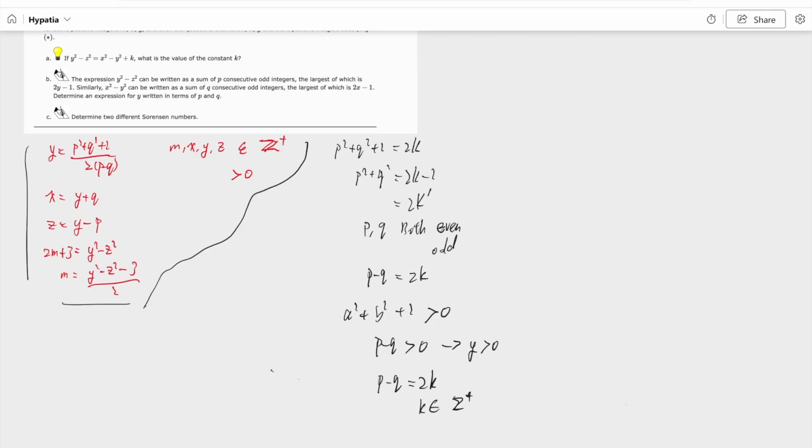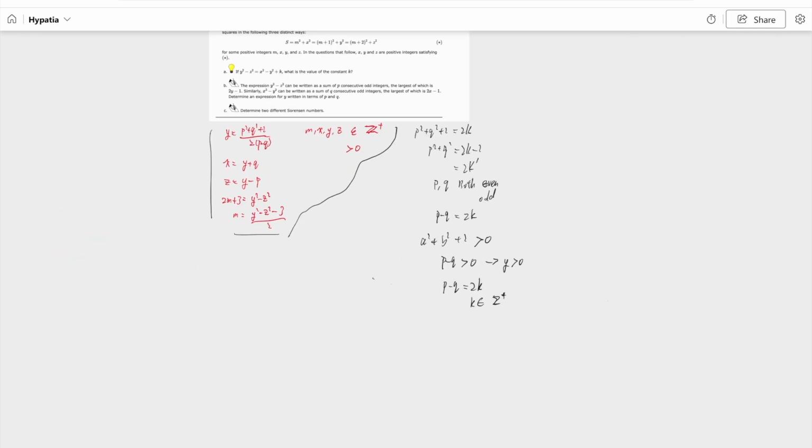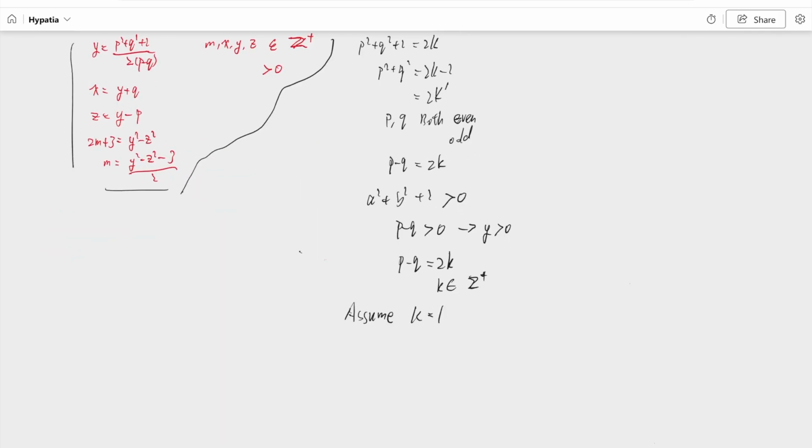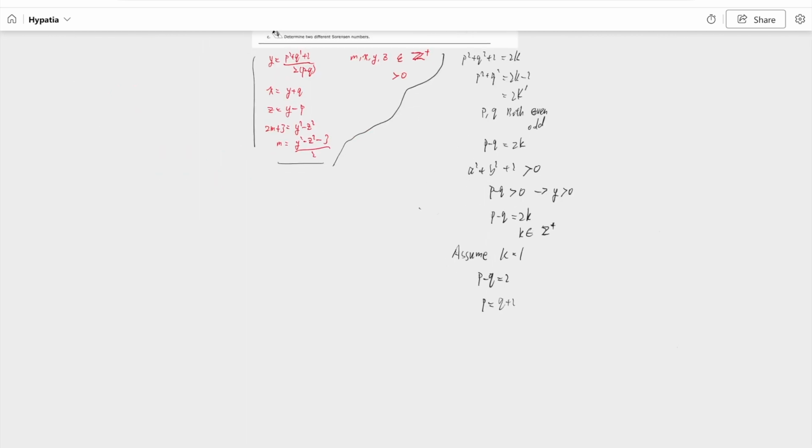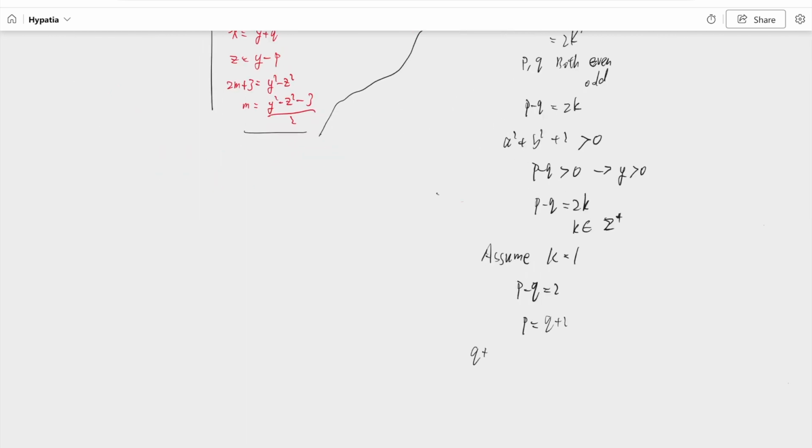So based on this, we assume k is equal to 1. So p minus q equals 2 and p equals q plus 2.